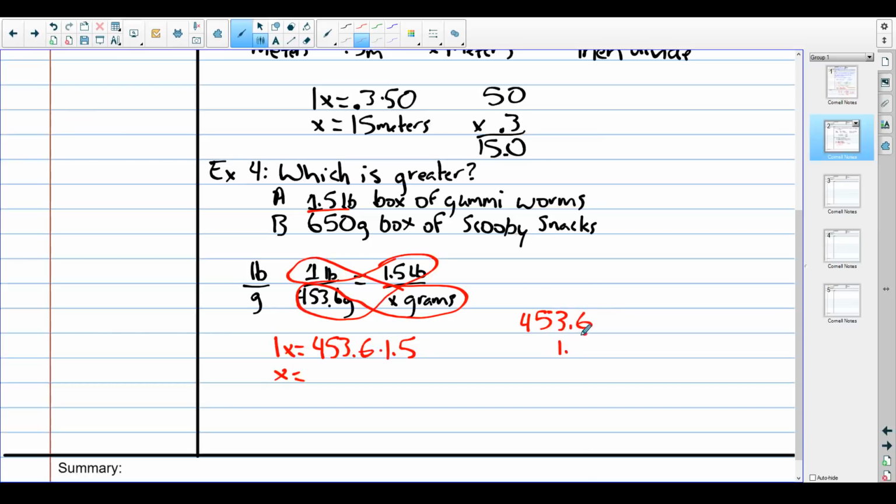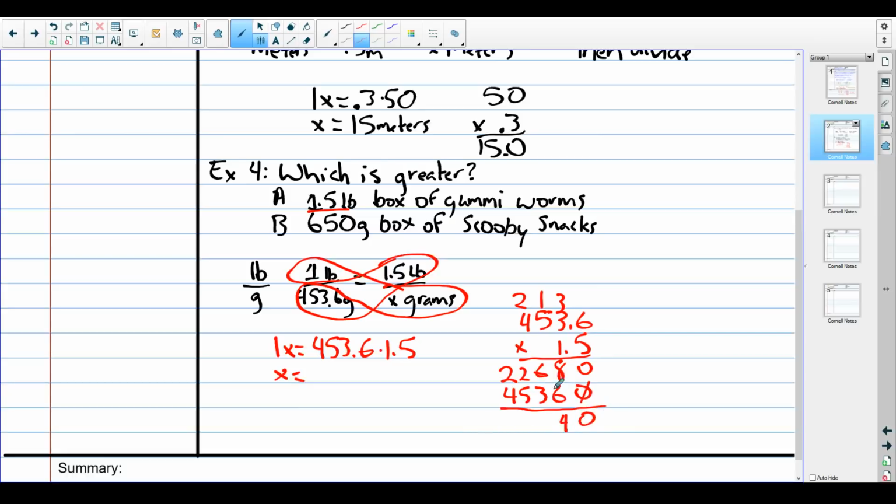453.6 times 1.5, which now that I look at it is not that great of a question to answer. But let's do it. 5 times 6, 30. 5 times 3 is 15, plus 3 is 18. 5 times 4 is 20, plus 1 is 21... This is 22. Bring down a 0. 453.6 times 1 is 453.6.